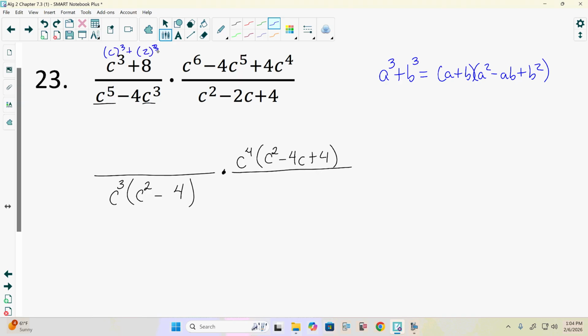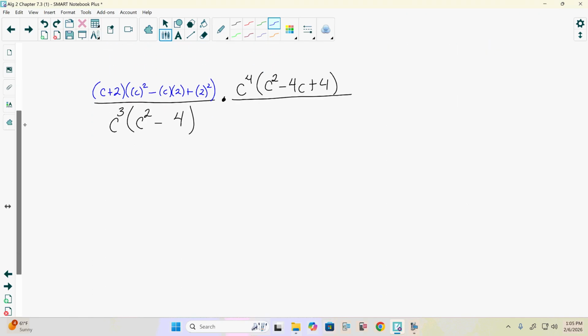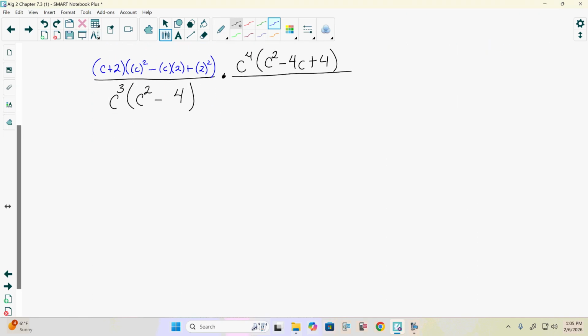So really we can replace a and b in the cubic form with c and 2. So that tells us we would have c plus 2 in the first factor. Now, our a squared, we would have c squared minus ab, so that'd be c times 2, plus b squared, which would be 2 squared, yes? Wait a minute.